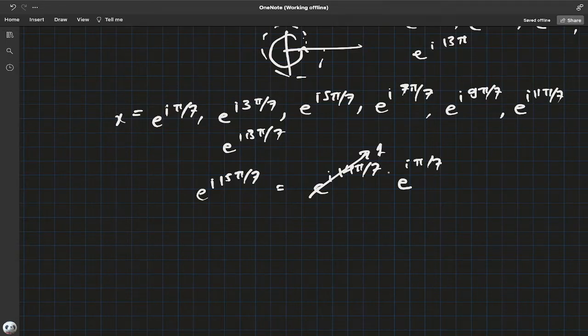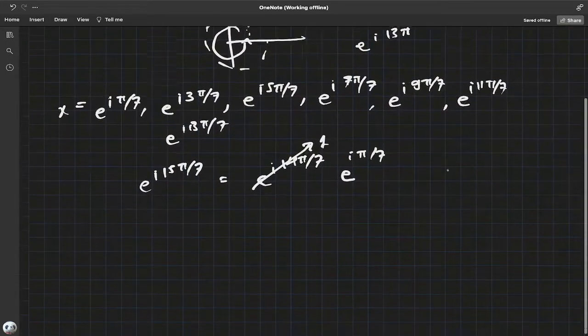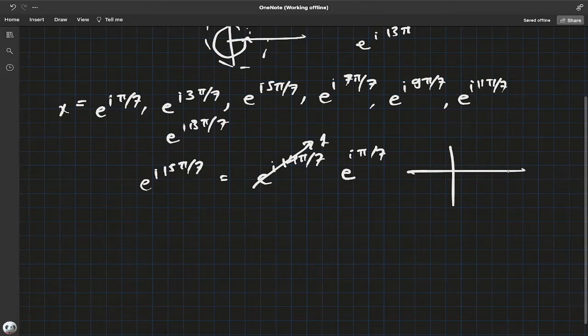The way I like to think of these things is with a geometric picture of what's going on. That's 1/7 of pi. So 180 degrees, which means pi is here. So 1/7 of this angle, somewhere about here, is pi over 7.